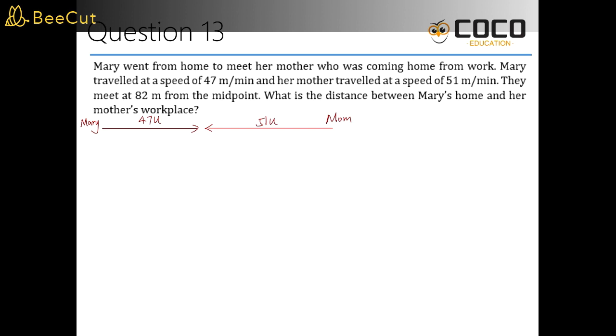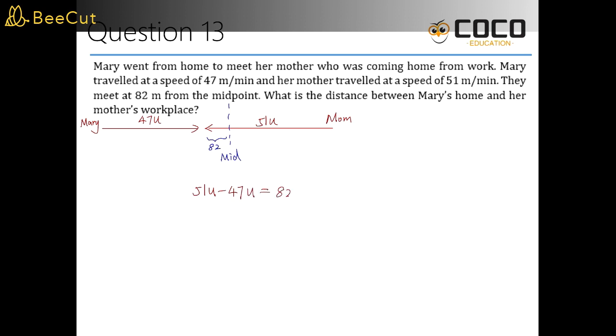Now, they meet at 82 meters away from the midpoint. So this is the midpoint, and this part is 82. Then we can see that Mary traveled 82 meters less than half, where the mom traveled 82 meters more than half. So we check the difference, 51u minus 47u.